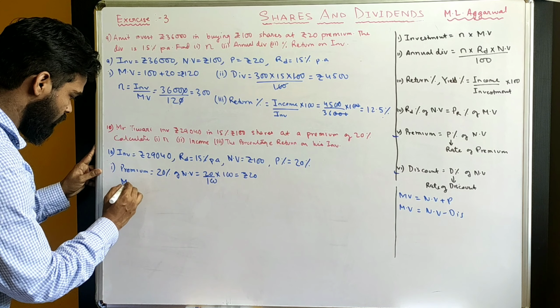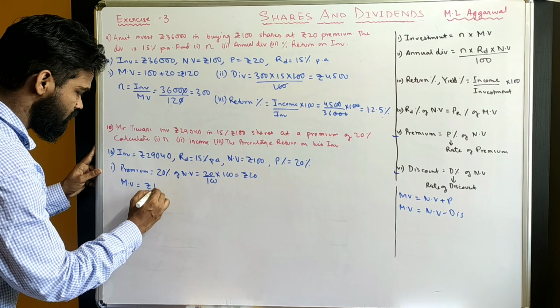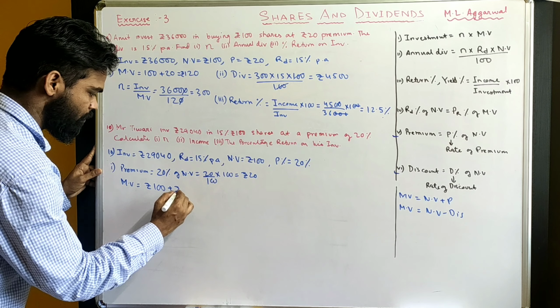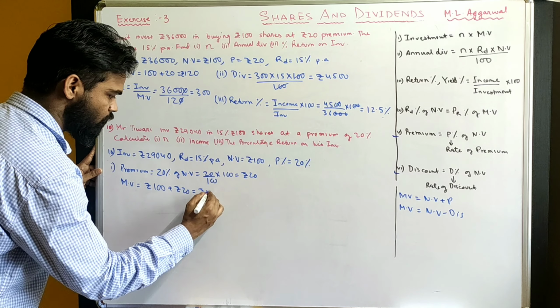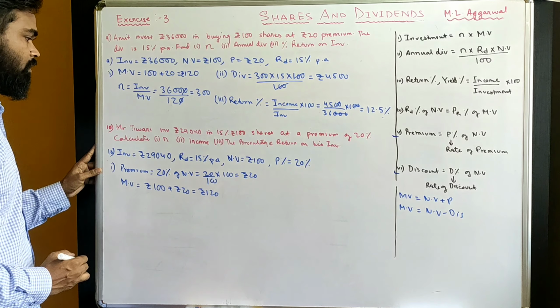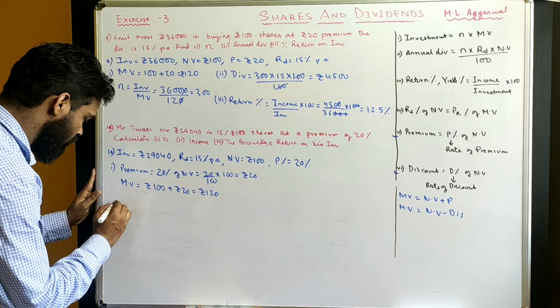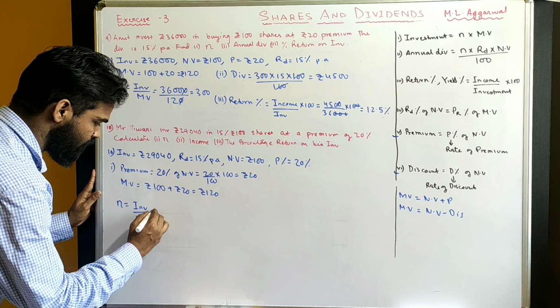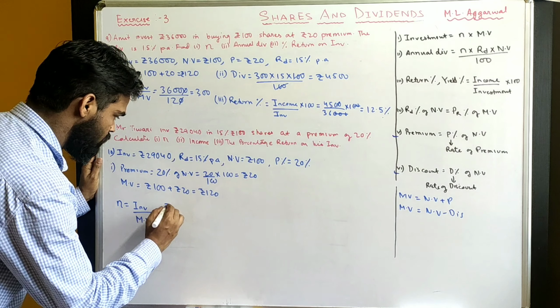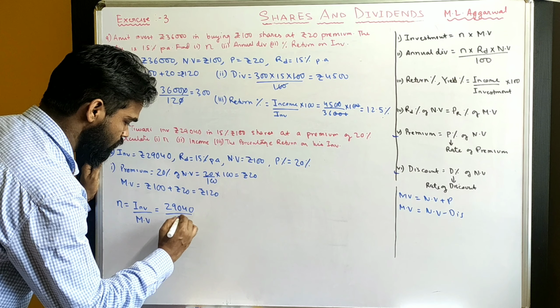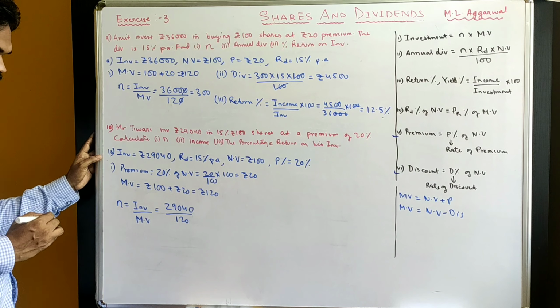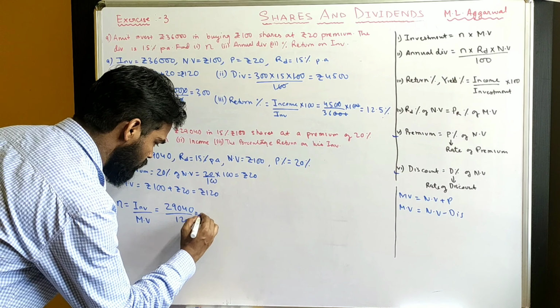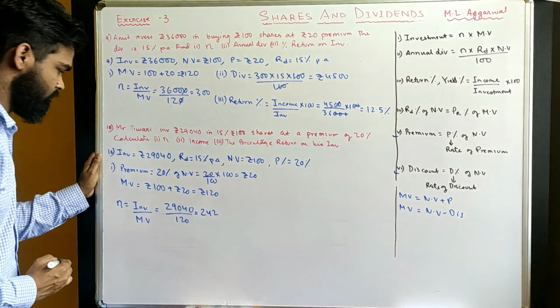So your market value will be rupees 100 plus rupees 20, that's rupees 120. Done. Now find the number of shares. The number of shares is investment by market value, which is 29040 by 120, isn't it? If you calculate, this is 242. Done.